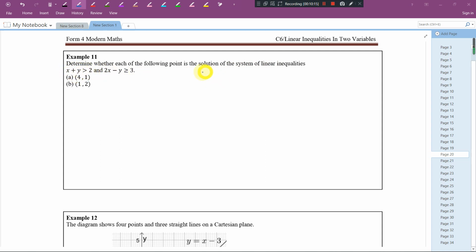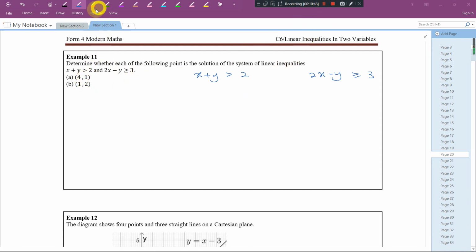So I have two inequalities here: x plus y is greater than 2, and 2x minus y is greater than or equal to 3. So I want to test, does this point satisfy both simultaneously? If yes, that means this is a solution for this system of linear inequalities.